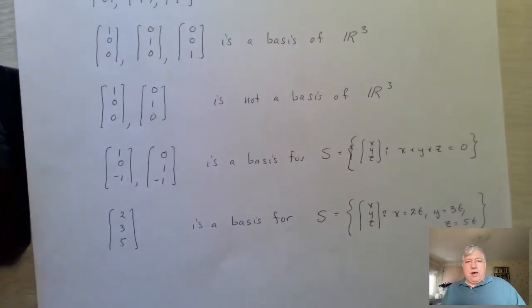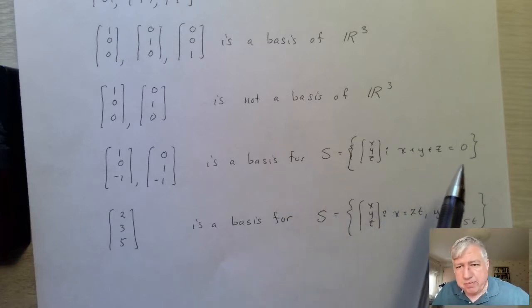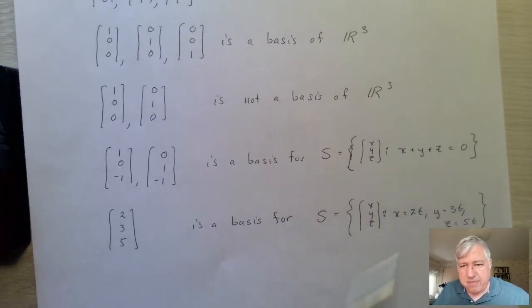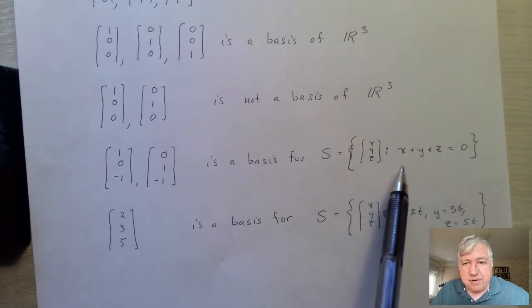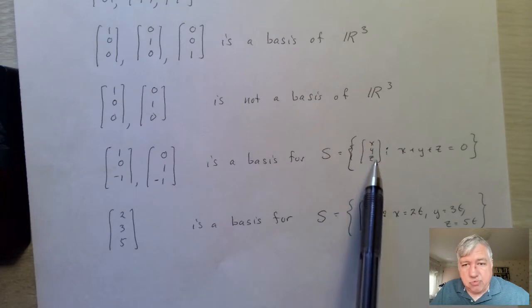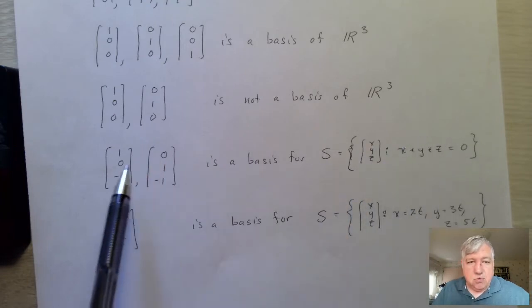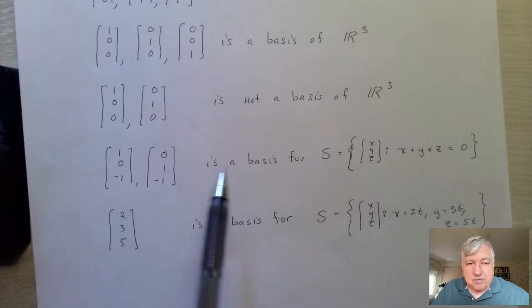Some more specific examples. We talked about planes when we were looking at the various forms of describing planes. We said that if you had a plane through the origin, you could write every element in this plane as a linear combination of two vectors. For example, any (x, y, z) satisfying this equation will be a linear combination of this vector and this vector.